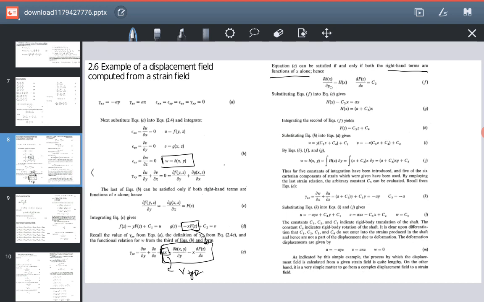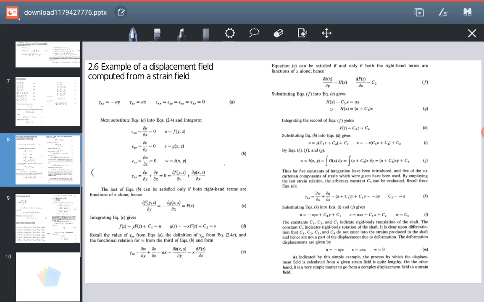So dou hx upon dou y becomes the function of x, and dfz upon dz becomes c3. So it becomes hx minus c3x, so h becomes a plus c3x.